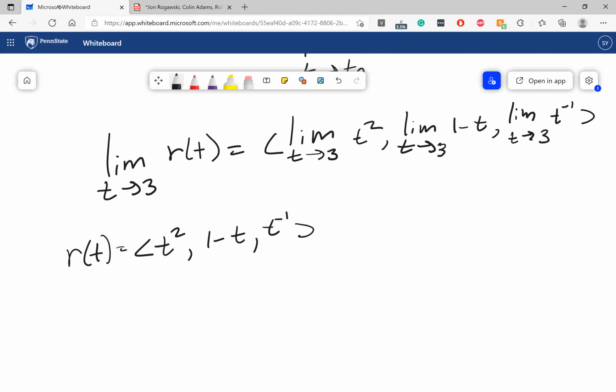By the theorem that we just saw. Well, each one of these doesn't have a problem if you just plug in your 3. So we can say this is the same as 3 squared, 1 minus 3, and 1 over 3. Okay, and that's your limit.